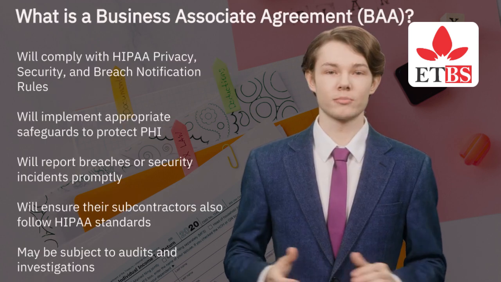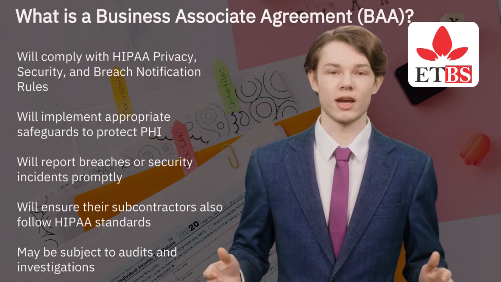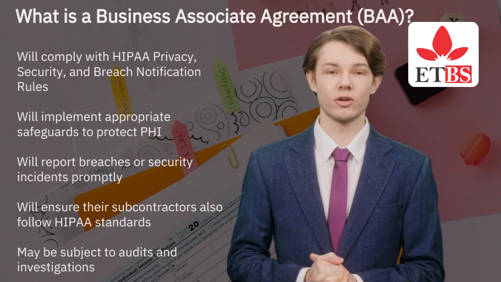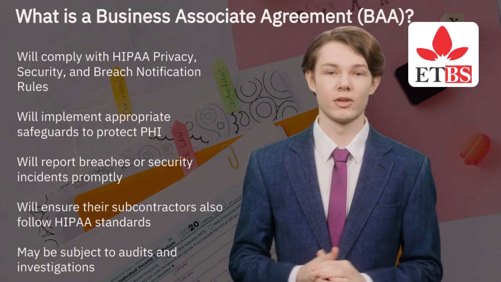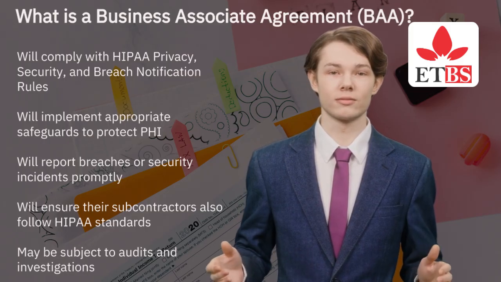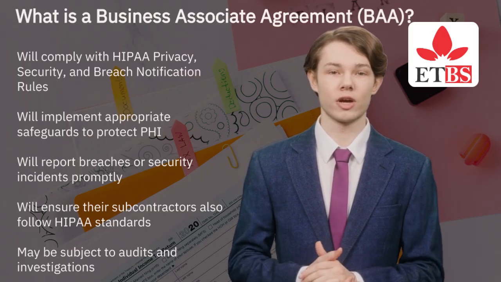2. What is a business associate agreement, BAA? A business associate agreement, BAA, is a legally required contract between a covered entity and a business associate, or between a BA and their subcontractor.